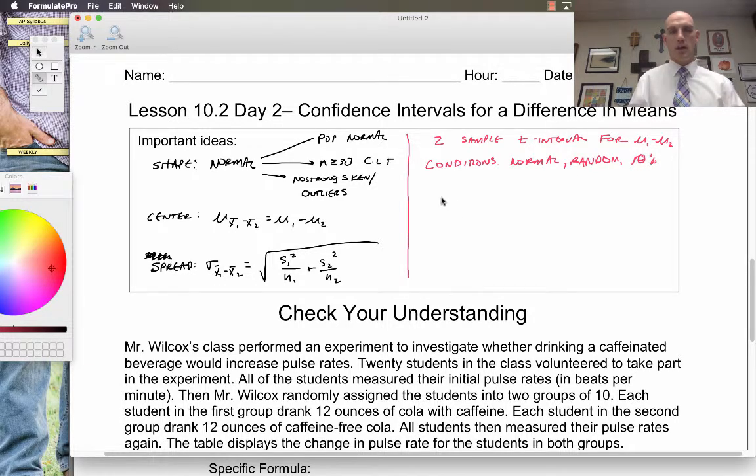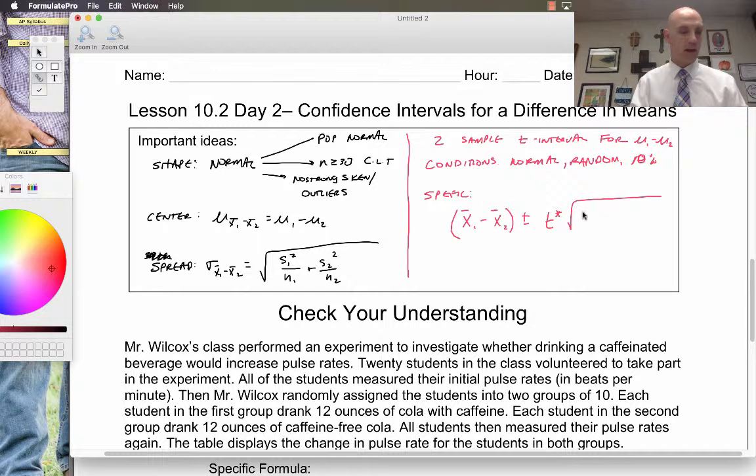So here we go. Here's specifically how we do it. We have our point estimate, which comes from subtracting the means. In the case of that last problem, it was 4.8. And we are going to add and subtract from that t star based on our confidence level.